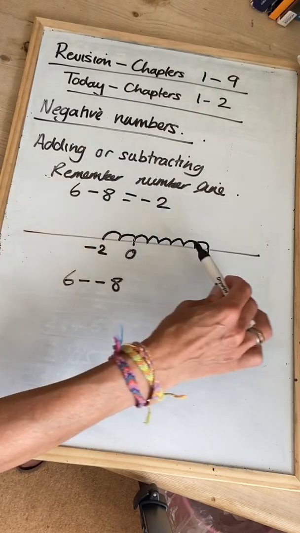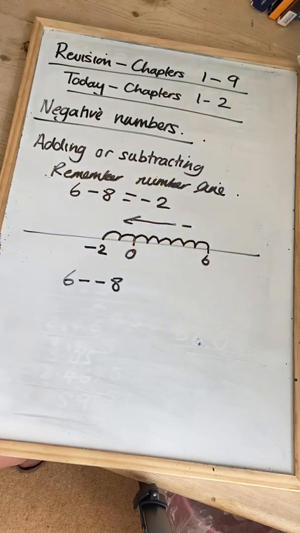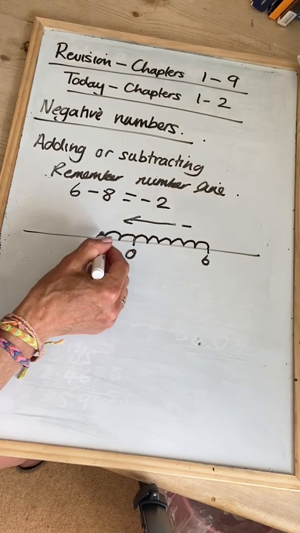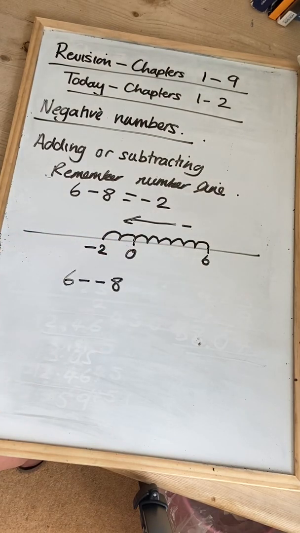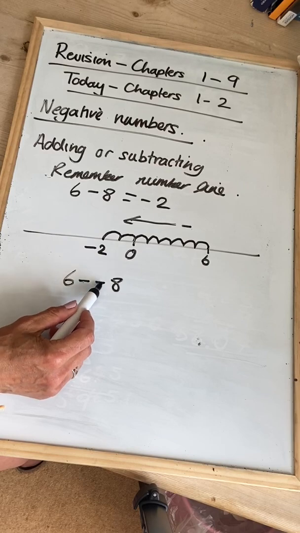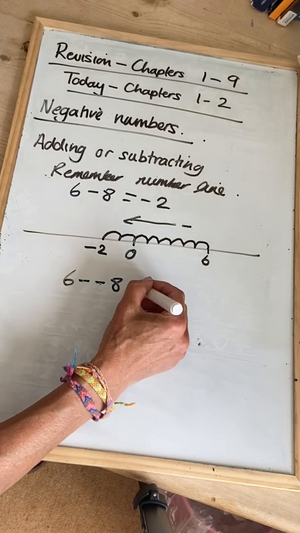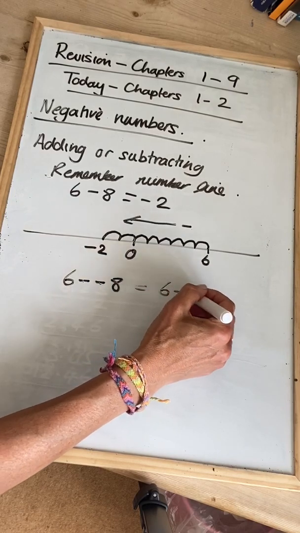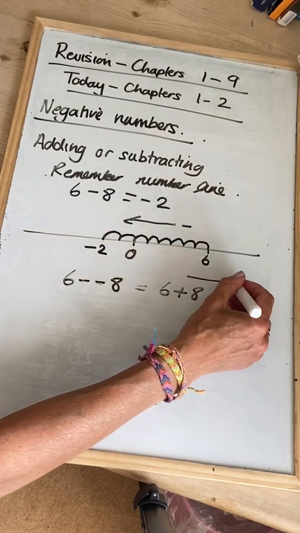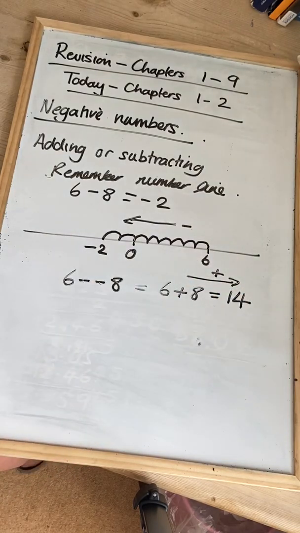Well, if 6 minus 8 takes you in that direction, if taking a number away takes you into the negative numbers in this case, if you are doing the opposite of taking away, you must be adding, yeah? And that means that you've just got 6 plus 8, which goes in the positive direction on the number line, which gets you to 14, yeah?